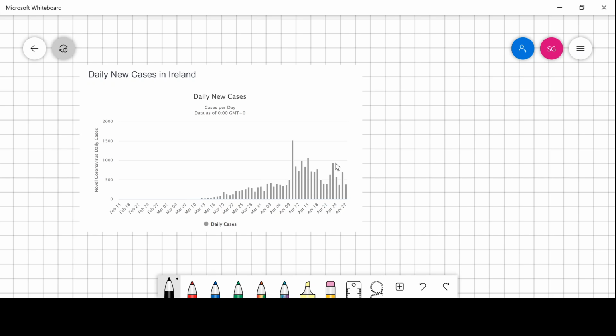And now we're starting to see a little bit of an inching downwards, or we're starting to see that curve flatten. But we can't guarantee that it is actually fully flattening, because the data is all over the place. The data is jumping up and down and up and down. So just always be a little bit careful about any statistics you find about cases during all of this.